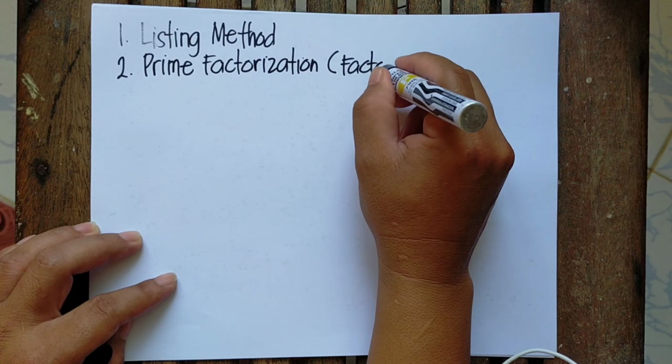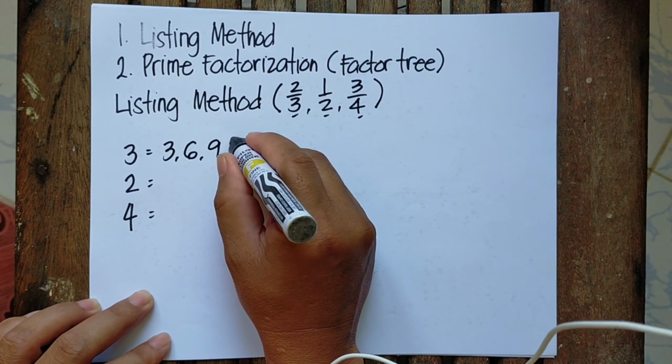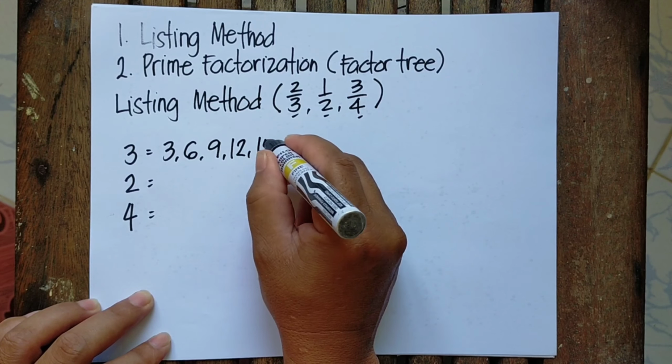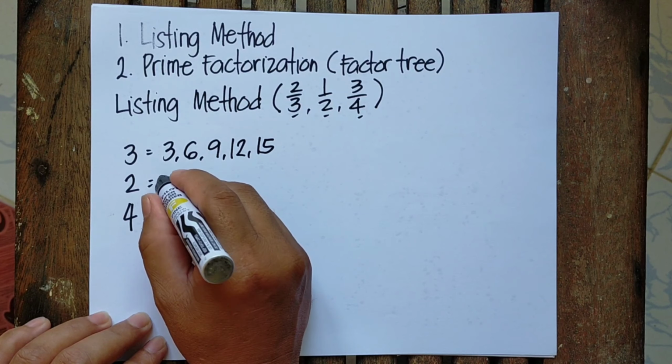So we have here 3, 6, 9, 12, and 15. In 2, we have 2, 4, 6, 8, 10. In 4, we have 4, 8, 12, 16, and 20.